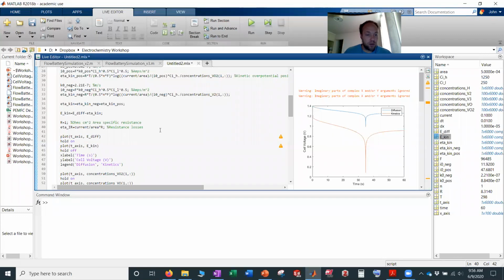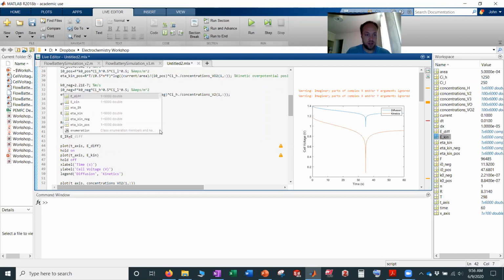And so we're going to have to make one more. So we'll say E IR is going to be equal to E diffusion minus eta IR.